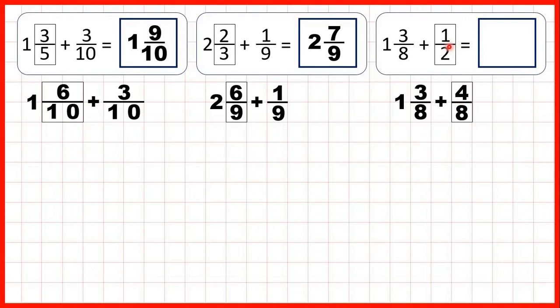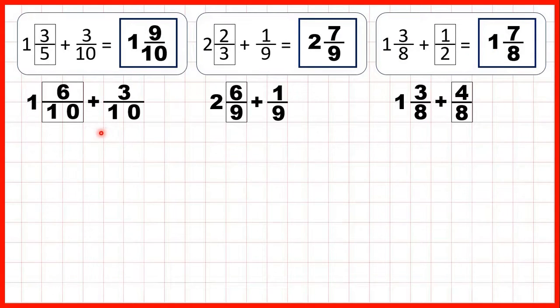That's equivalent to 1/2 because 2 times 4 is 8 and 1 times 4 is 4. So now we see if we can add our fractions. 3/8 plus 4/8 is 7/8 because remember, when we add fractions the denominator stays the same, and we have 1 whole in the question, so we need that in our answer as well.